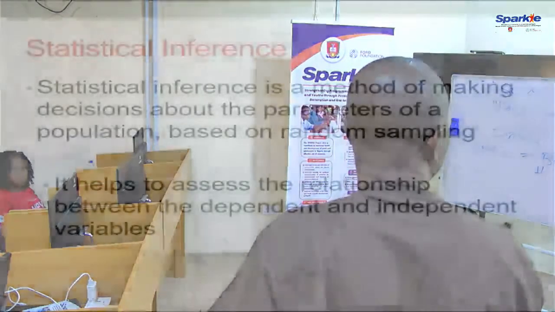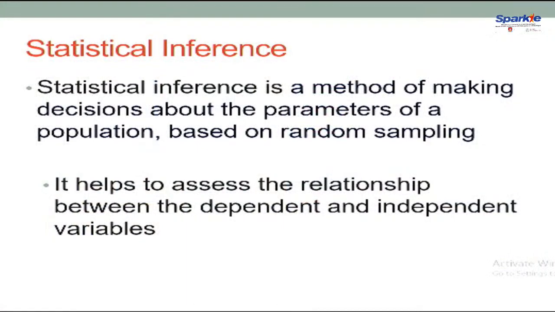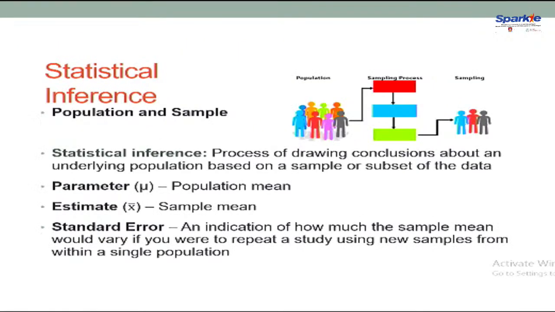So statistical inference is a method of making decisions about the parameters of a population based on random sampling. As I've mentioned, you have done proper sampling. If your sample size is too small and does not follow a scientific process, you cannot generalize. It really helps to tease out the relationship between dependent and independent variables.